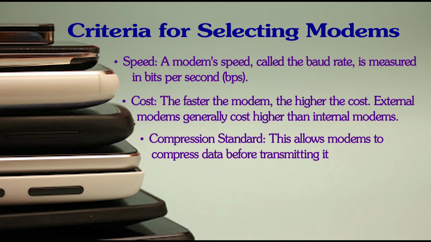So the three points you have to understand are: what compression standard is being used, how much compression there is, measured in terms of ratio, for example 1000 to 1, meaning 1000 bits are represented by 1 bit, and there is an algorithm for it; then cost and speed.